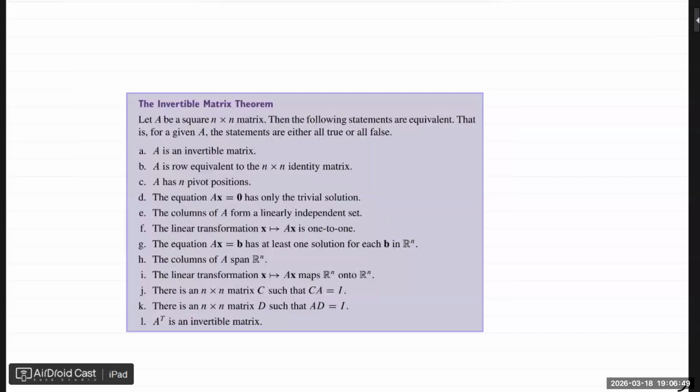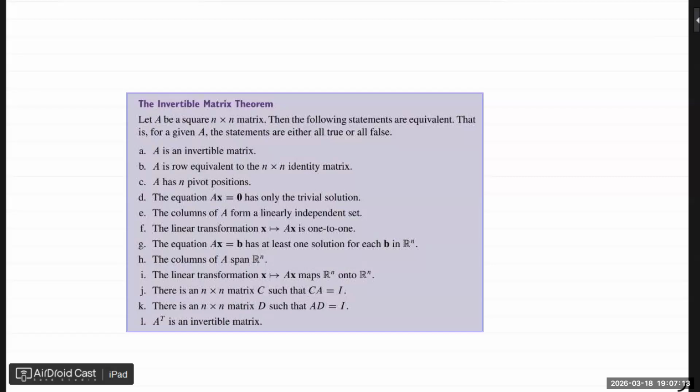As you can see, an n by n matrix is invertible if all of these things are true. Like I said, you can test all of them, but the easiest is perhaps number C, A has n pivot positions. If you know that, then you know it's an invertible matrix.